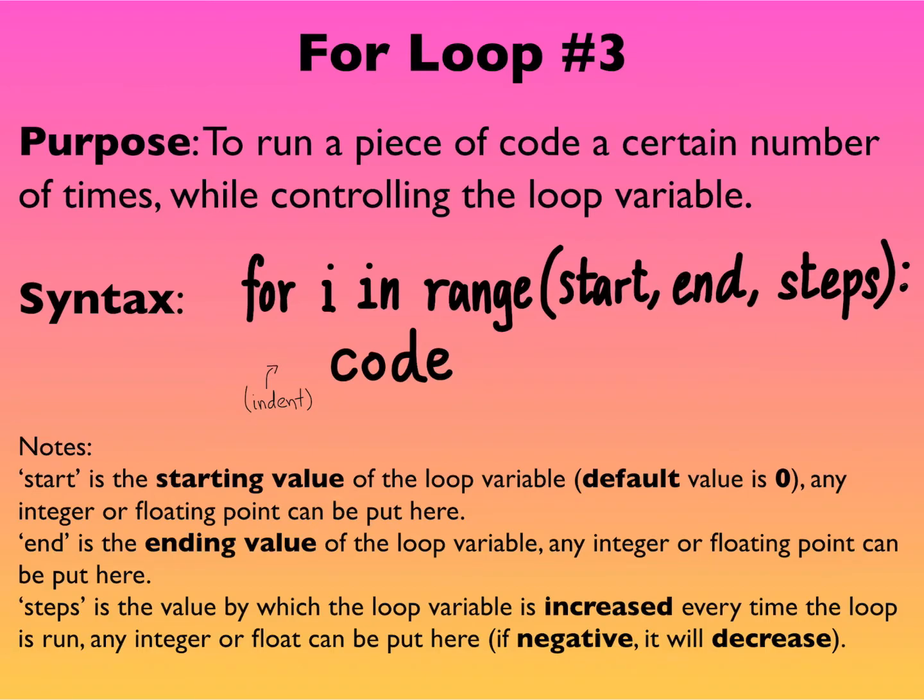End is the ending value of the loop variable. Any integer or floating point value can be put here. Steps is the value by which the loop variable is increased every time the loop is run. Any integer or floating point value can be put here. If this value is negative, the loop variable's value will decrease.